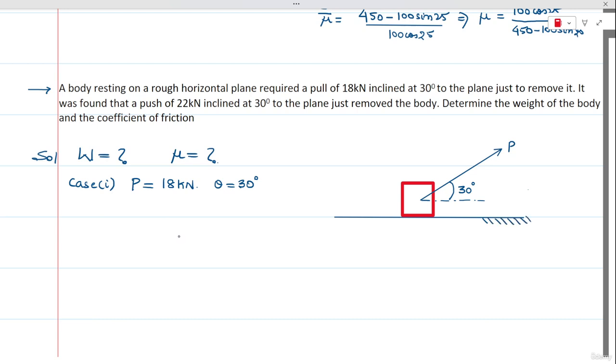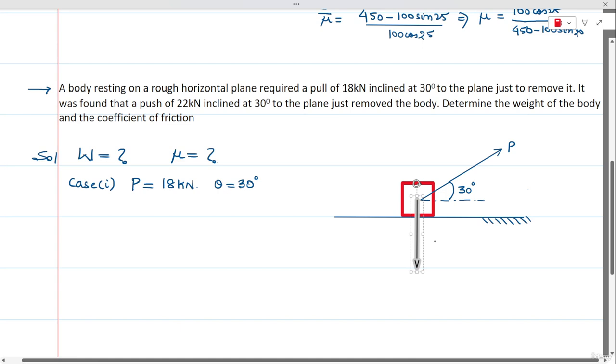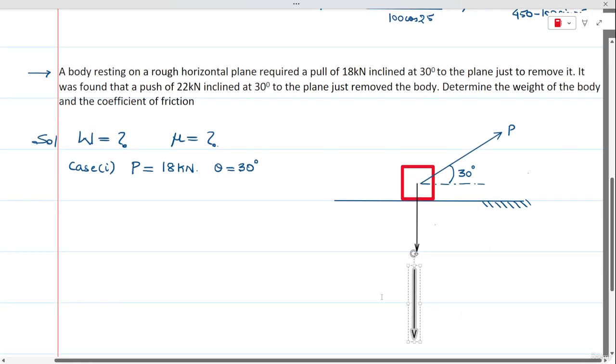Now if we consider the equilibrium conditions, first we need to mark the forces that are present. First is the easiest one, the weight of the block, which is acting vertically down, and exactly opposite to the weight there will be one more force that is going to be vertically upward, and that we call the normal reaction.